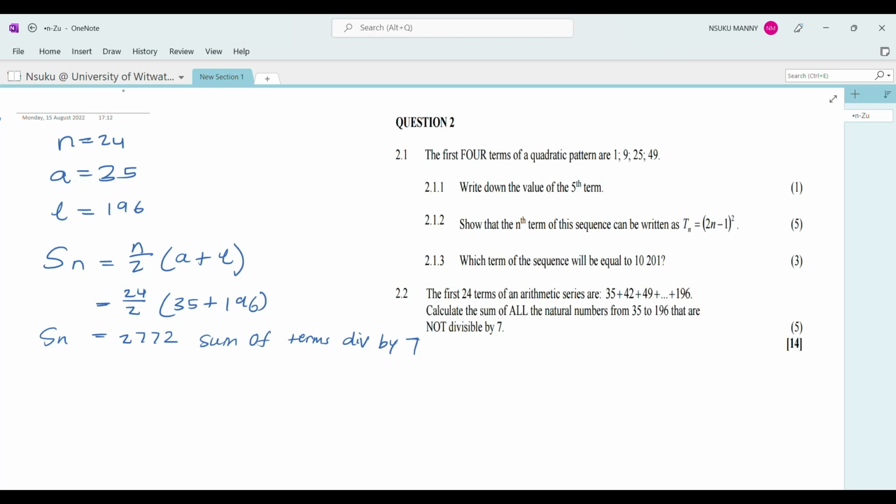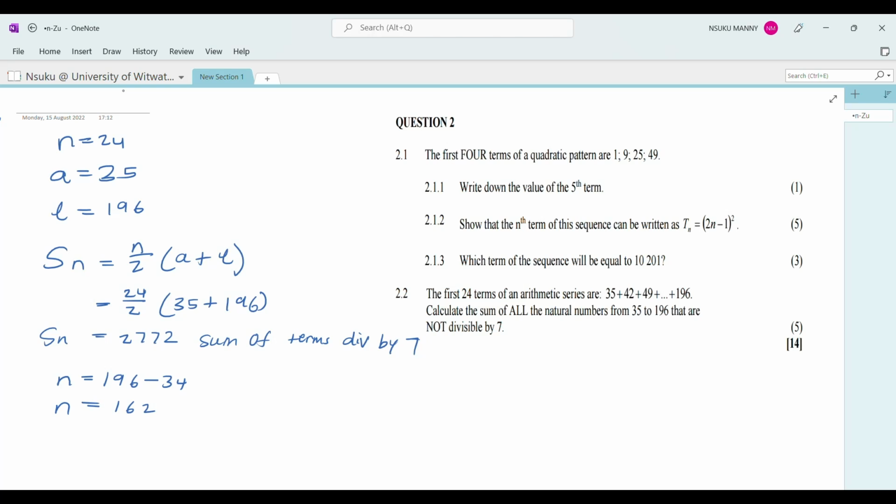Now we want the sum of all the terms from 35 up until 196, basically 35, 36, 37, 38, 39, adding everything together. How many terms are there from 35 up until 196? To get that, n equals 196 minus 34, which gives 162.